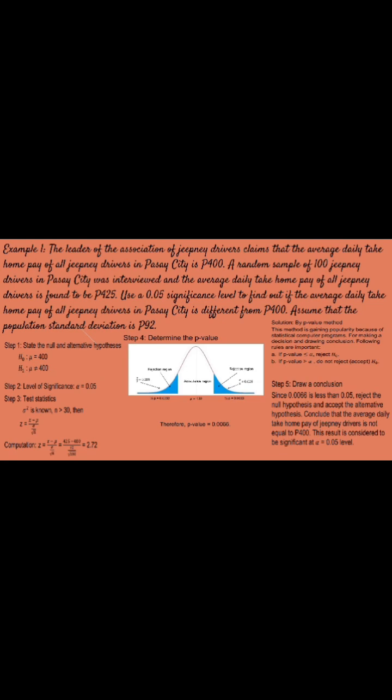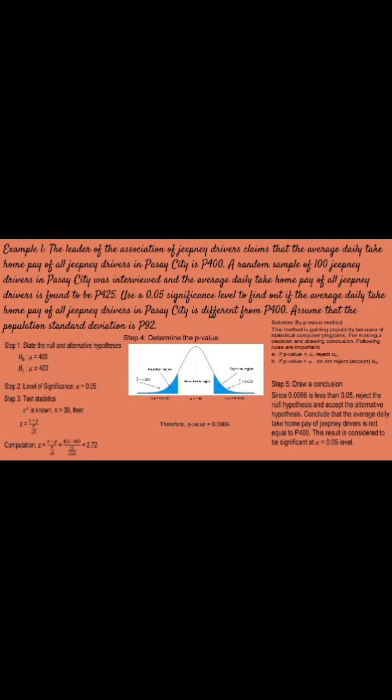Then, let's proceed to step 4, determine the p-value. We're going to draw a curve, then we're going to locate the critical region. Since in the alternative hypothesis we use not equal to, it means it is a two-tailed test. So we have the shaded region on the right and the shaded region on the left.